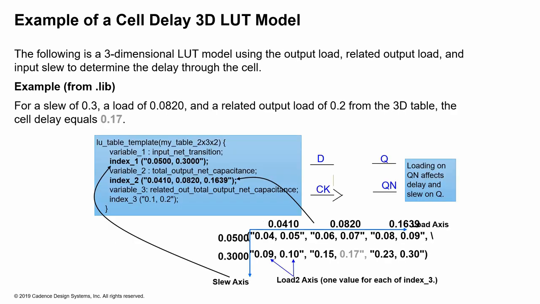In a 3D lookup table model, you also have the related output load as seen by Q, and so therefore that Q bar, whatever the loading is or Qn, the loading is actually applied, and thus calculating the delay at Q. So this illustration here basically shows the slew axis and the load axis and load 2 axis, and for this lookup table, the related output pin capacitance or net capacitance is used as two values.